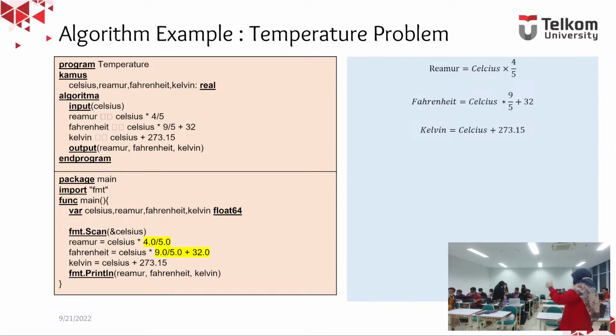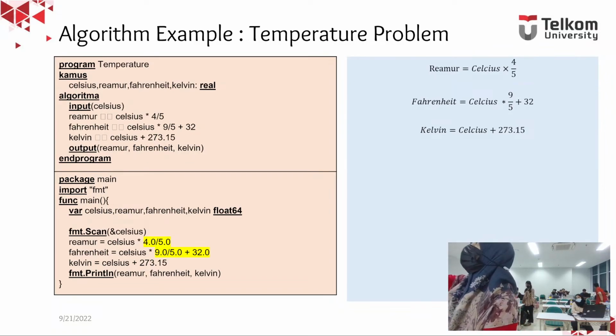Okay, so since we already know the formula for converting from Celsius to Fahrenheit, Reamur, and Kelvin, basically, like the previous example, first we need to take the input, okay?